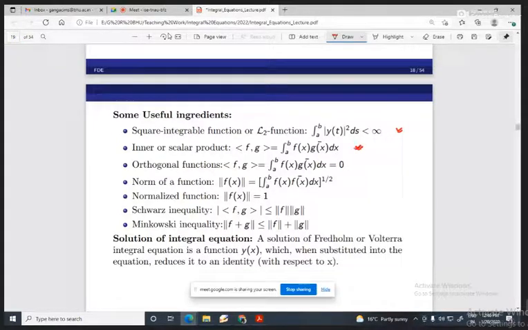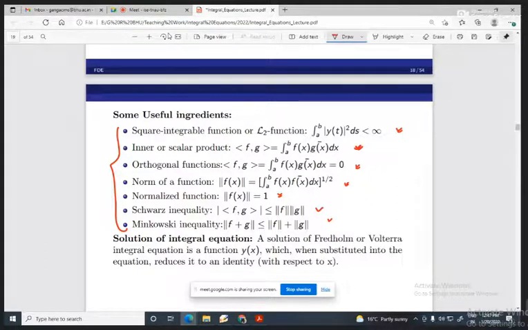Two functions are orthogonal if their inner product is 0. The norm of the function is defined as the integral from a to b of f(x) times the conjugate of f dx, to the power 1/2. Normalized functions have norm 1, and there are the Schwarz inequality and the Minkowski inequality. These are the results which will be used to handle our integral equations.